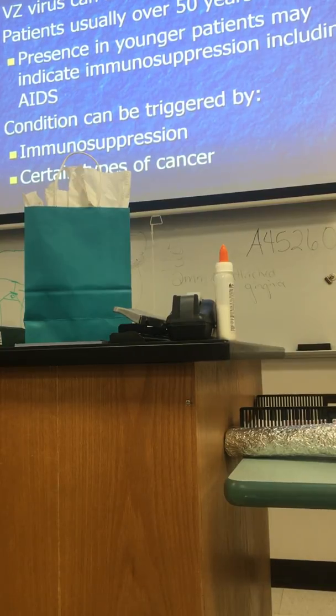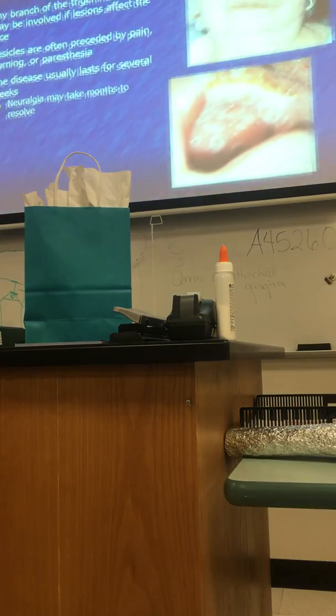Our immune system becomes more debilitated, so we're more prone to different diseases and things that have remained latent over time. Or, depending upon the age, if someone is really young, you can't make the general assumption that someone in high school or in their 20s or 30s has HIV or AIDS because they have shingles. It depends on what's going on in their life. It can very much be stress induced as well.